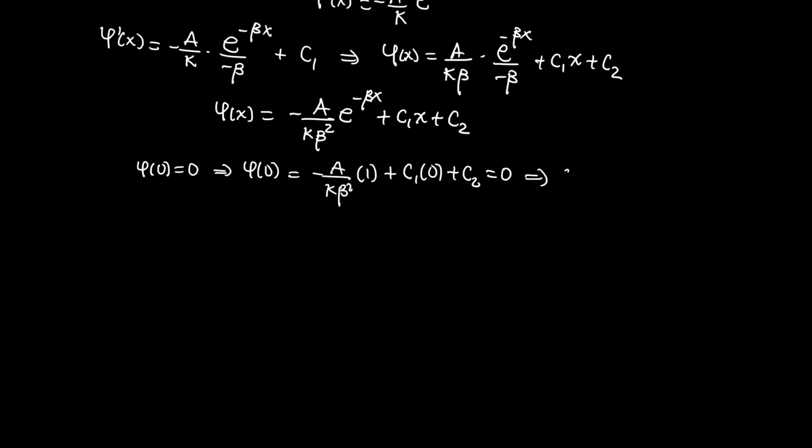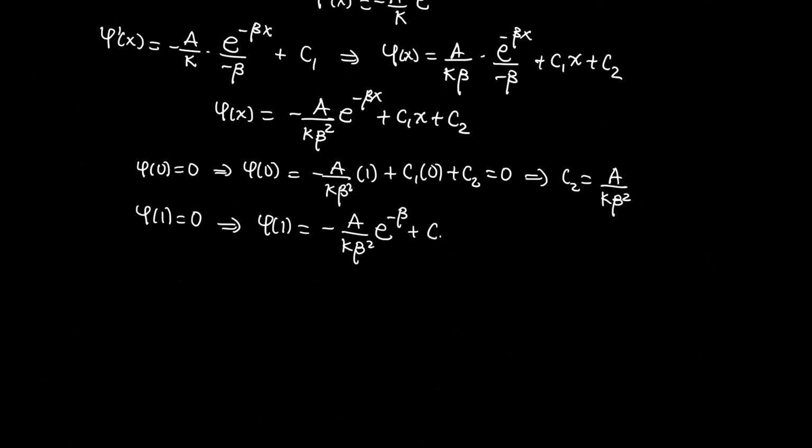Then you get c2 equal to a over k beta squared. Then you need phi 1 equal to 0. Then you have phi 1 minus a over k beta squared e to the minus beta, plus c1 times 1 plus c2. c2 is a over k beta squared, and this has to be equal to 0.